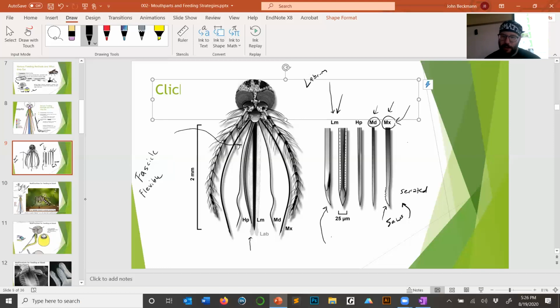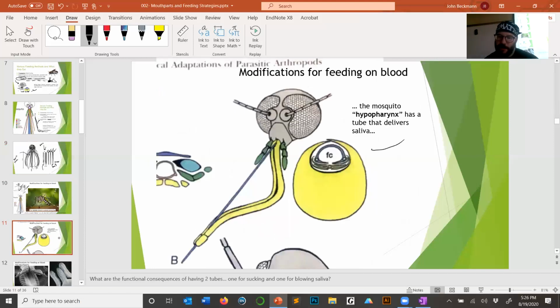Now there's another tube called the hypopharynx, HP. I want you to look at this cross section of the mosquito mouth parts. This is the labium that retracts the protective sheath. This blue thing is the labrum, the tube from which the blood sucks up.